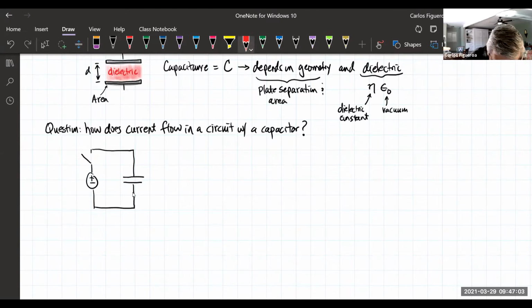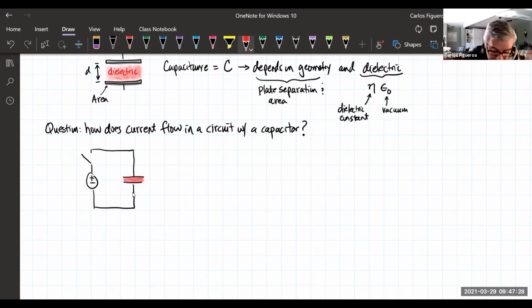And there's my dielectric right in here. My dielectric is an insulator, right? That's what we mean by dielectric. And what it does is that it doesn't allow charge to flow from the positive plate, the upper plate, to the negative plate.